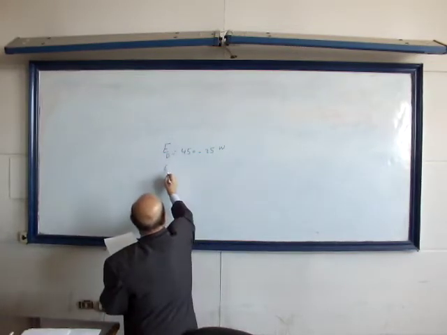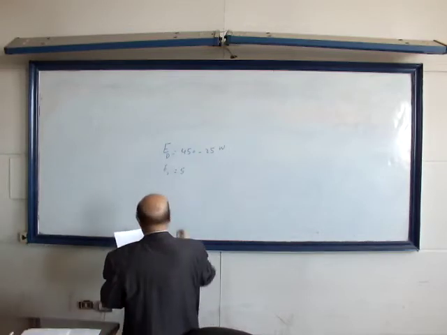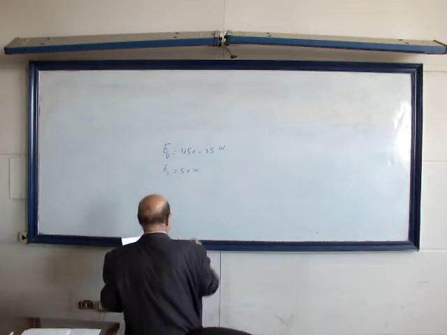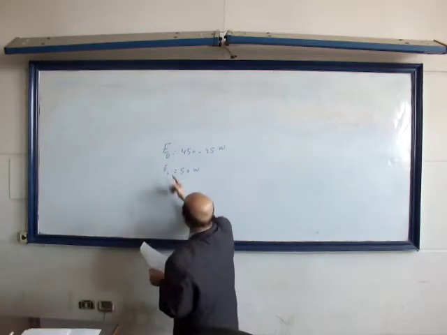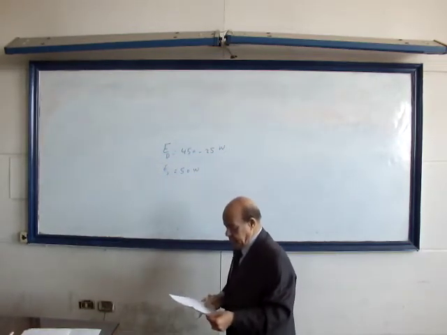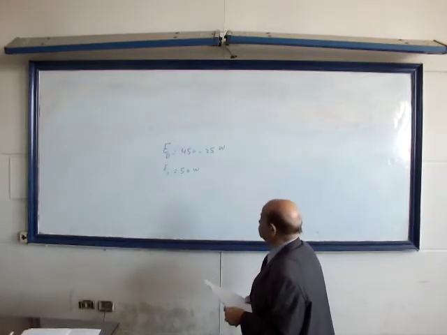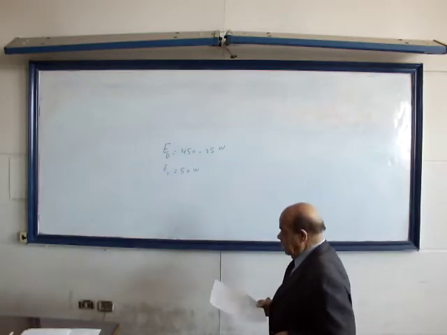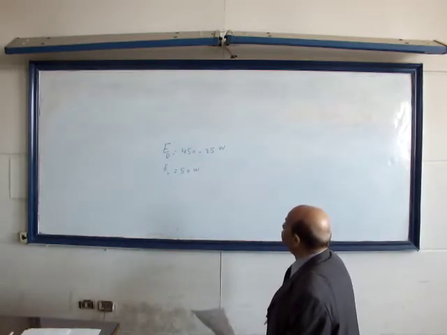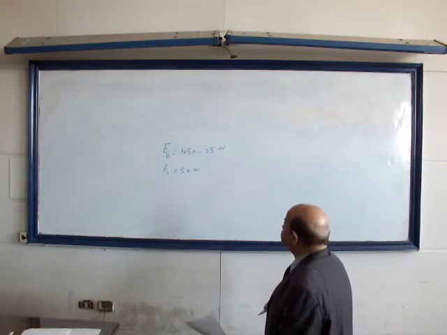The supply function is ES equal 50W. This is demand because of the opposite relation, and this is supply because we have a direct relation. Answer the following questions. Question number 1: what wage and employment if this labor market were a monopsony?